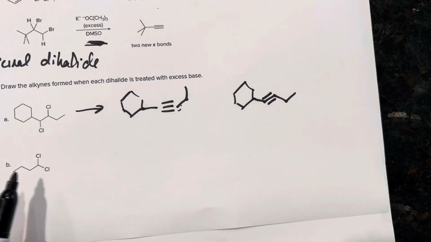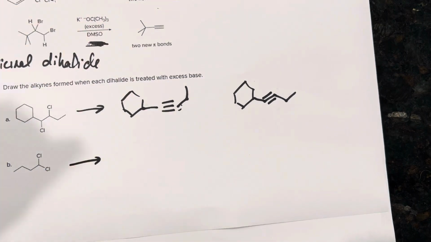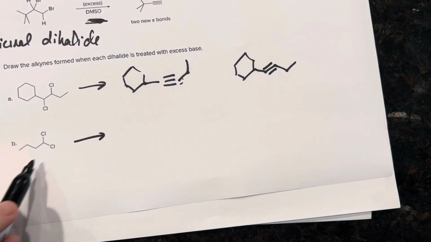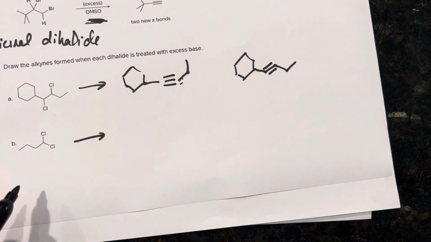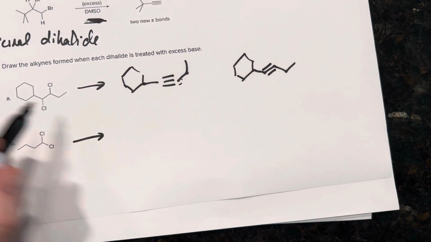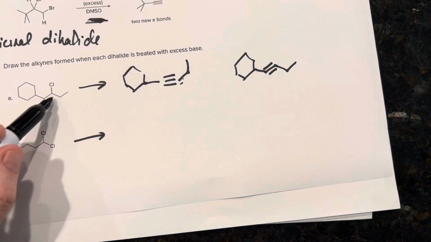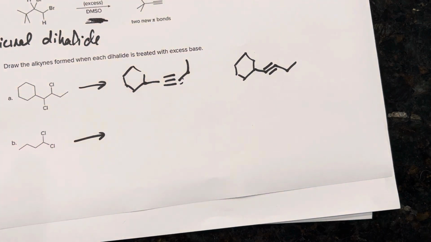Okay, and then we get over here. There's only pretty much one place we can put the triple bond, right? Oh, and here was one of those situations: what keeps you from putting the triple bond there? It has to be between the two vicinal halogens.